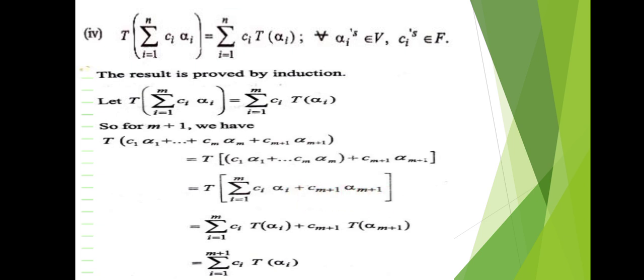Now by taking common, we get summation i = 1 to m of Ci T(αi) plus Cm+1 T(αm+1). Now we get summation i = 1 to m plus 1 of Ci T(αi).